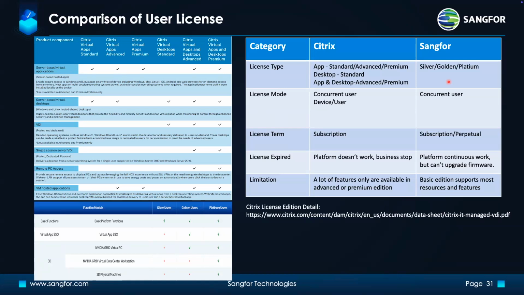For golden, it is for 3D users. Now, for 3D users, we have two types of users, medium and heavy users. If you have medium 3D users, you can go with the golden licenses, or gold licenses. For the platinum, it is for heavy 3D users.